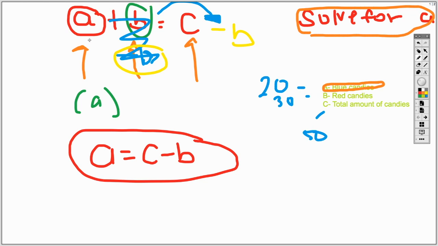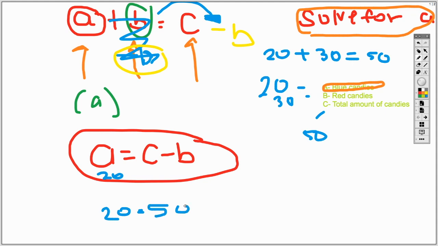So we would have plugged into the original equation, 20 plus 30 equals 50. And then if A is 20, then 20 equals C, which was 50, minus B, which is 30. Does 20 equal 20? Yes. So our literal equation is correct. Basically, this is how it works.